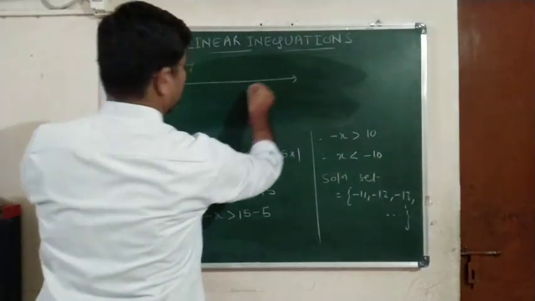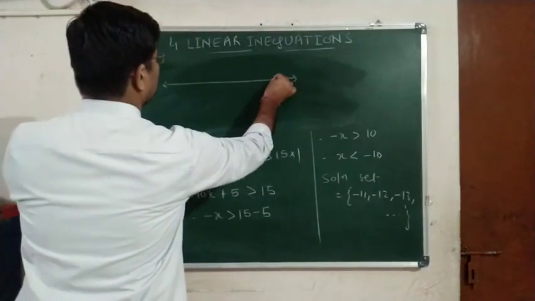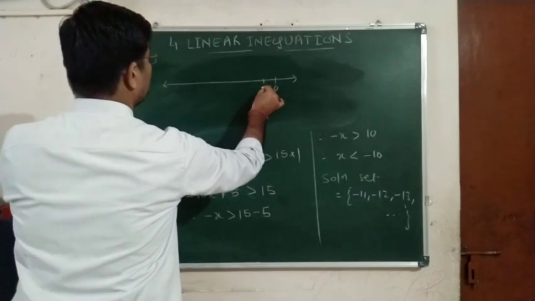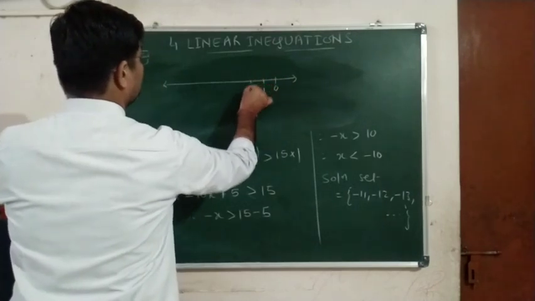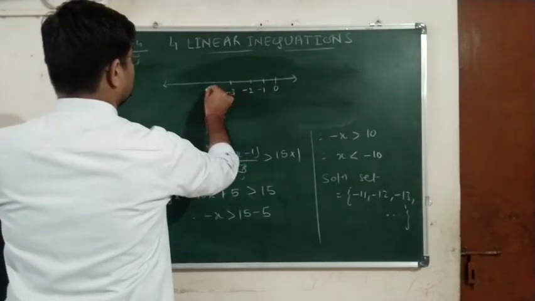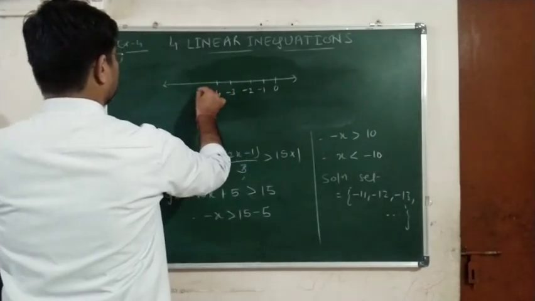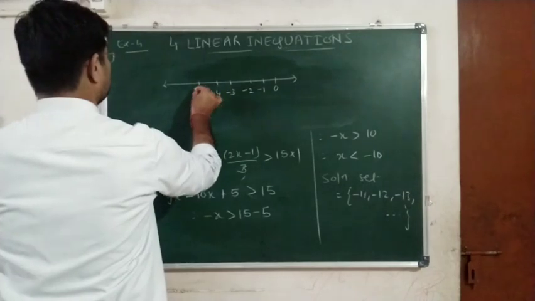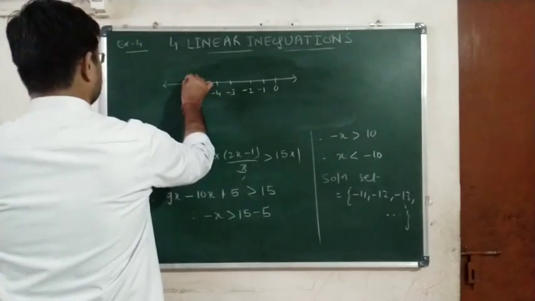So on the number line we have 0, minus 1, minus 2, minus 3, minus 4, minus 5 and so on.